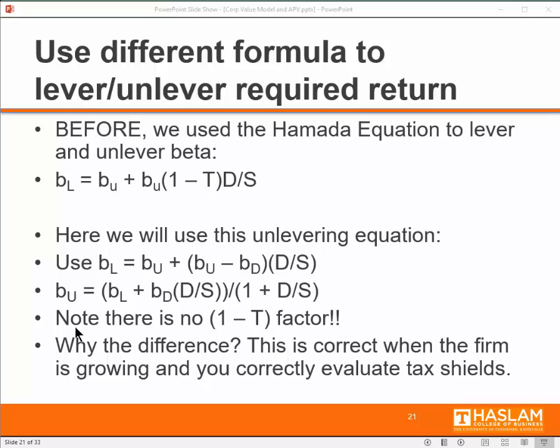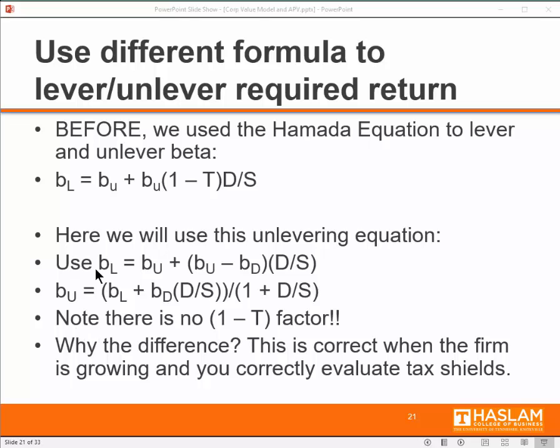And if we haven't discussed it yet, the Hamada equation was an old-fashioned way to lever and unlever betas. When a company has more debt, then the beta is bigger and it's riskier. When a company has less debt, the beta is safer, and the unlevered beta is the beta the company would have if it had no debt.